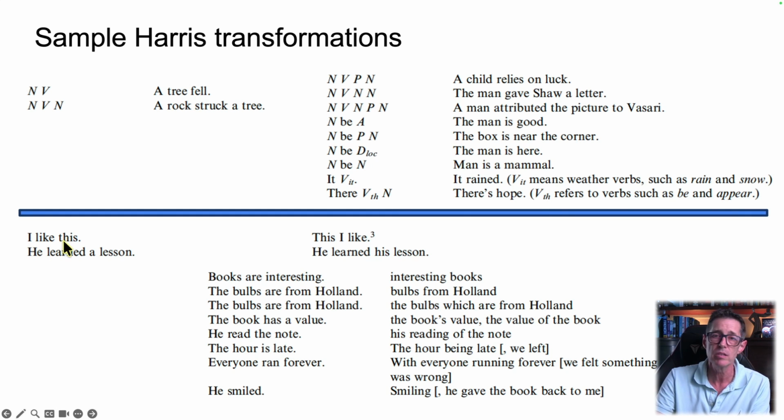So this might be the simple sentence, and this is the repackaged sentence. A better example is probably this one, books are interesting, and then you repackage it into a reference phrase that can become part of a complex sentence. Interesting books. The bulbs are from Holland. Bulbs from Holland are something.